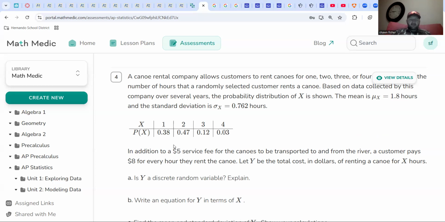Let's see here. So Y is the total cost of this canoe. 8 and 1, that's still 8, 16, 3.